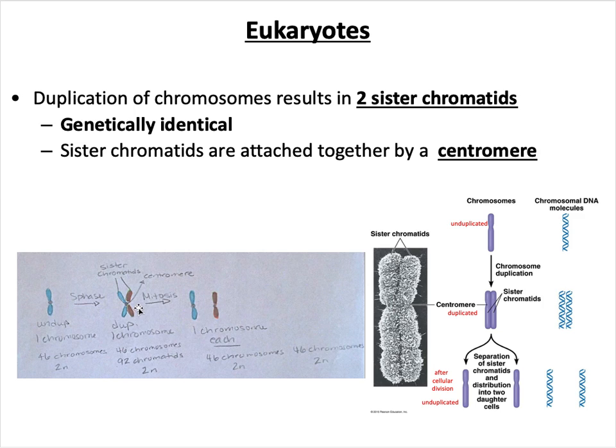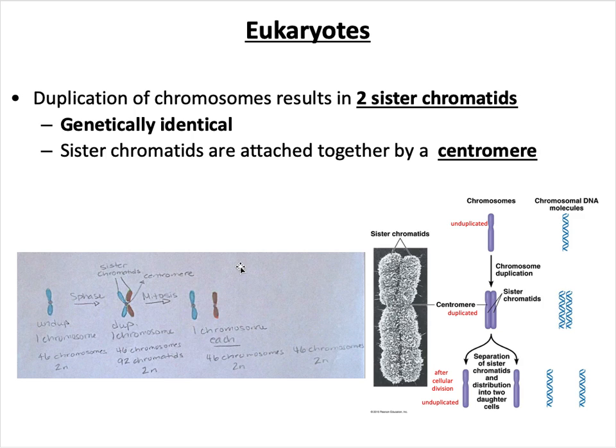And then you undergo mitosis. So the point of mitosis is basically to separate these sister chromatids. So after mitosis, these sister chromatids, after they separate, become individual chromosomes. So this is a chromosome, this is a chromosome, but they're genetically identical to each other. So what basically happens is that this chromosome is going to go to one daughter cell, this chromosome is going to go to another daughter cell.